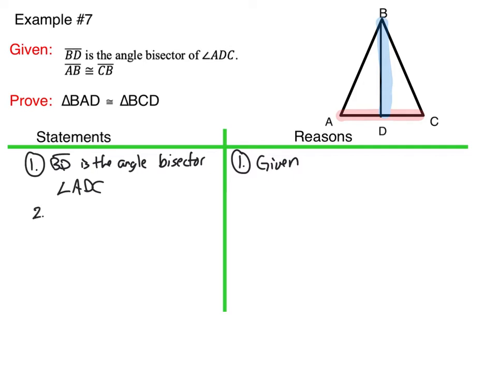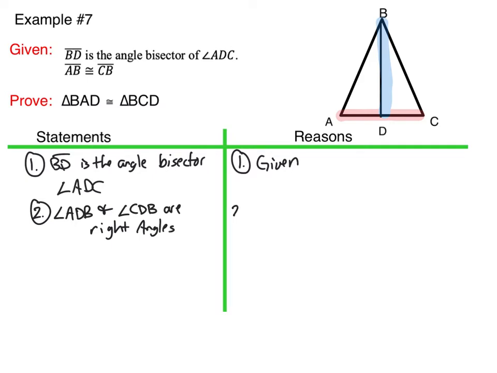So statement 2, I can lead right in from statement 1, angle ADB. Not only is ADB congruent to angle CDB, but because ADC is a straight line and because it's bisected, then I can say that ADB and CDB are, in fact, right angles.